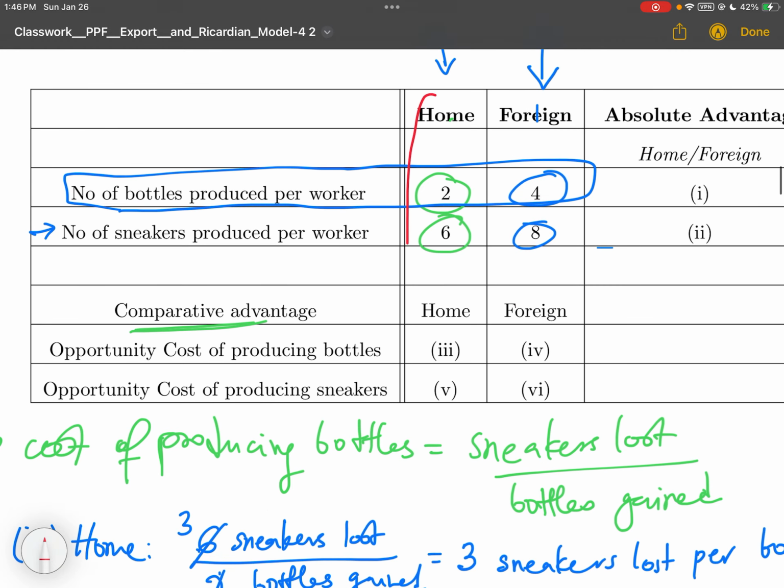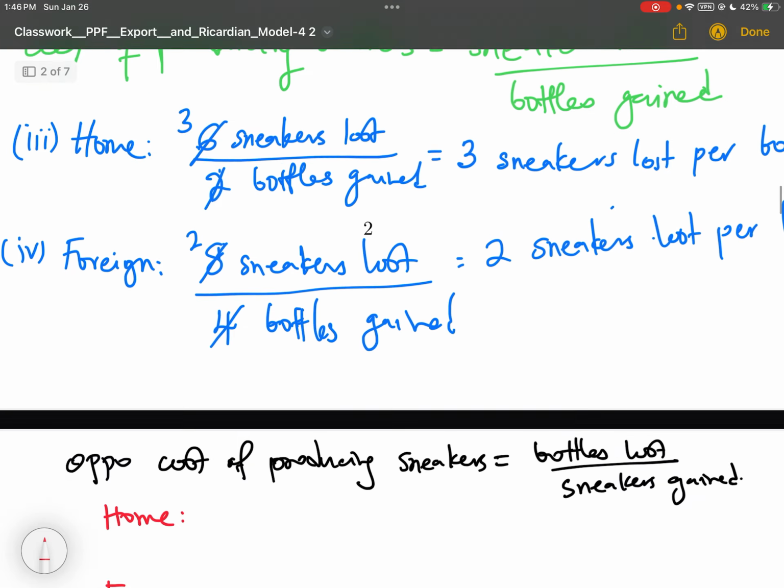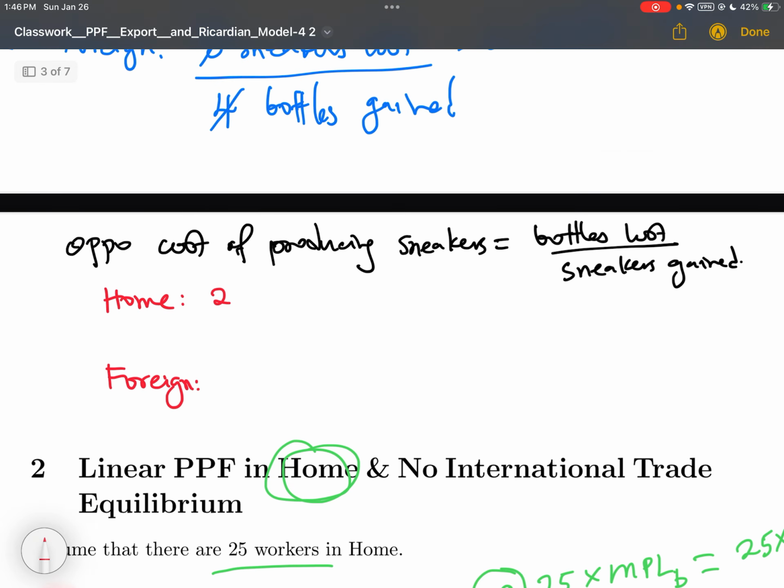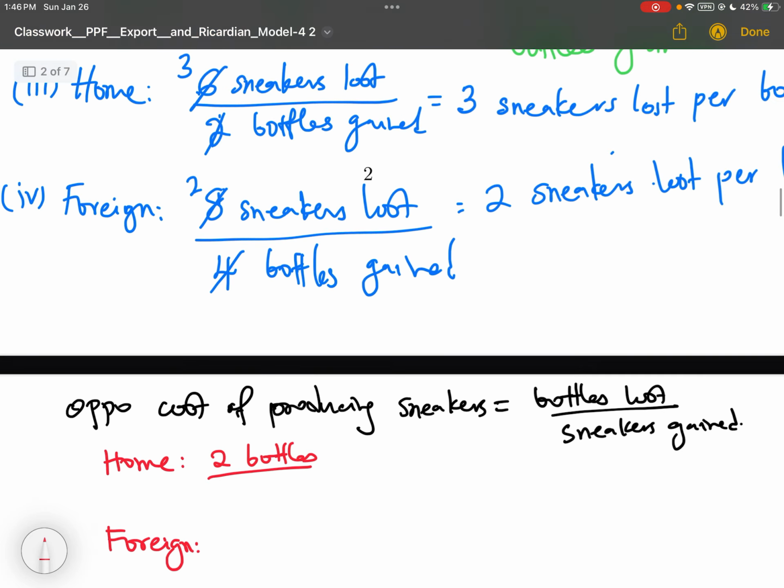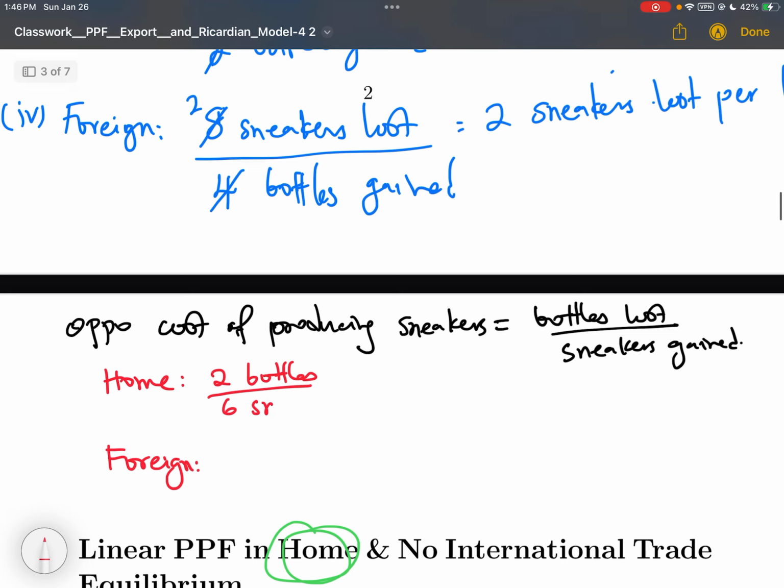So just looking at the home column, we have two numbers. That will be 2 bottles over 6 sneakers. And when you do the math, that's 1/3. So 1/3 of a bottle lost per sneaker gained.